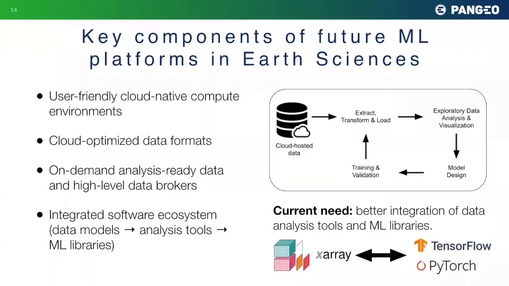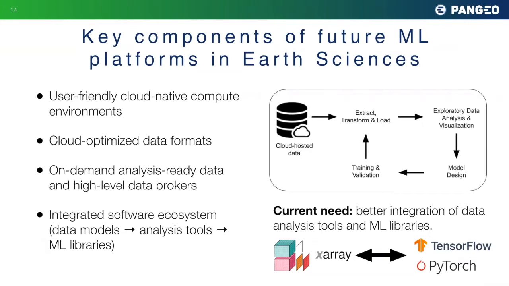Okay, so in conclusion, I have talked about some of what I think are the key infrastructure components for machine learning platforms in the earth sciences. Those fall into user-friendly cloud native compute environments, cloud optimized data formats, on-demand analysis-ready data, and high-level data brokers.